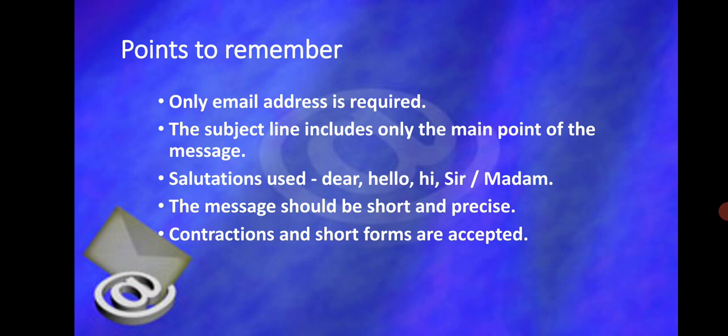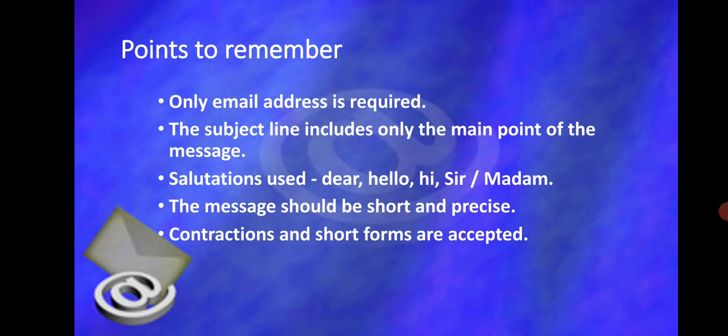For instead of writing I am, you can write the short form of I am, I have. In these places you can use the short forms in the email. Then, don't write the whole content in capital letters. Writing in all capital letters should also be avoided when writing email. So these are the points that you should keep in mind when you write email.